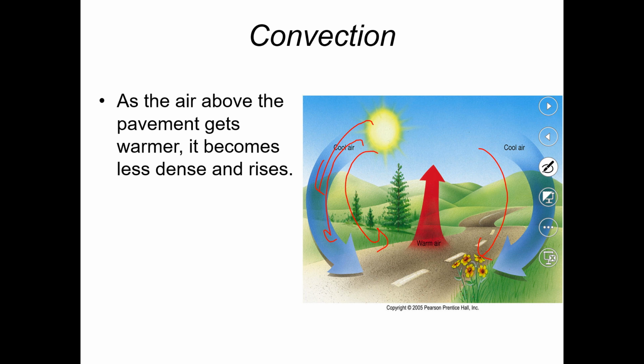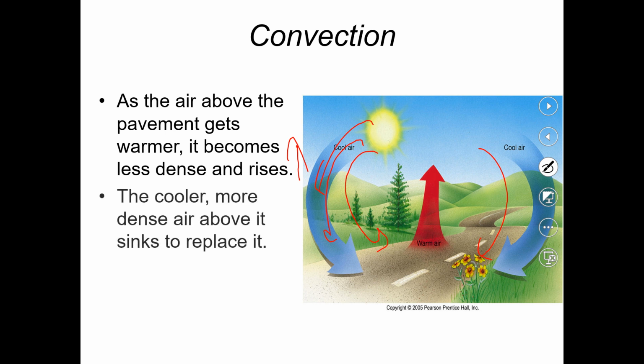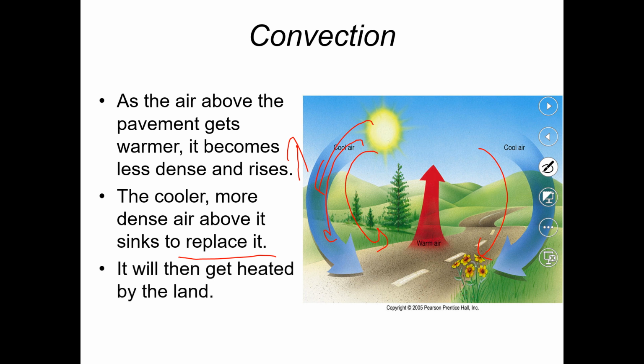As the air gets warmer, it becomes less dense and rises. Rises means up. The cooler, more dense air above it sinks to replace it. It will then get heated by the land.